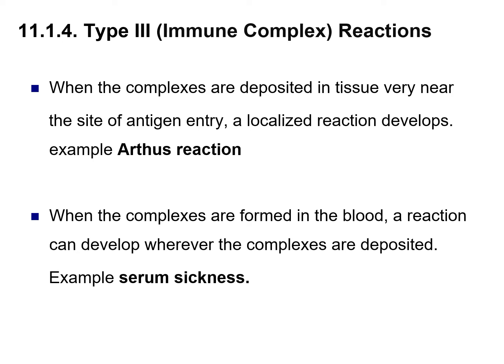When complexes are deposited in the tissue, especially at the site of entry, we call this reaction Arthus reaction. When the complex is formed in the blood, and the complexes again are deposited, we call this serum sickness.